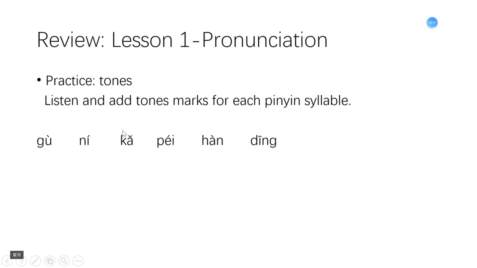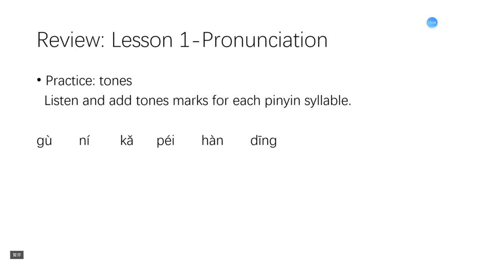The beginning point is already rather low and then we make it a little bit lower than the beginning point. Ka. And then there's a turning point, a little bit up, a little bit up. Okay, ka. Next one, pei, pei, second tone, and han, fourth tone, and the last one, ding, is the highest, right?